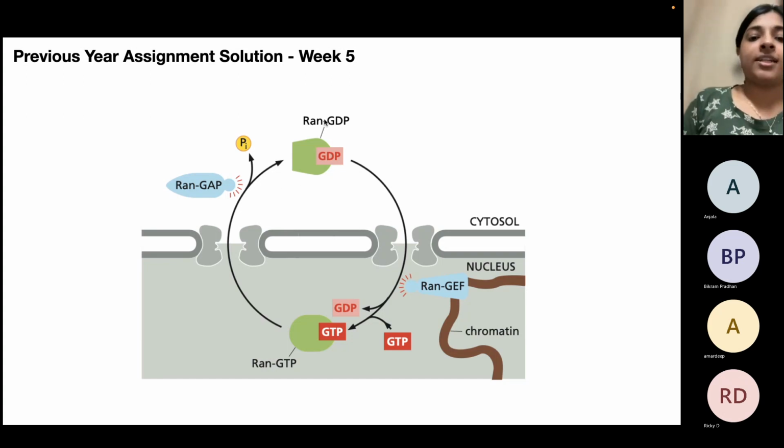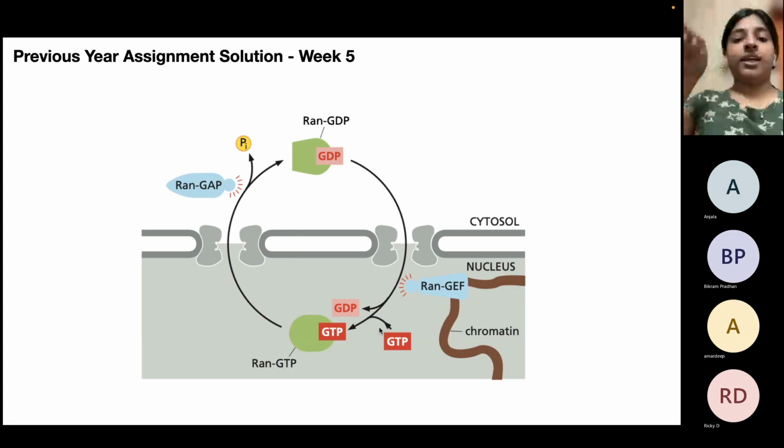Similarly, as soon as the RAN-GDP moves into the nucleus, there is RAN-GEF, which removes the GDP and adds the GTP on, and again maintains this gradient. So there is continuous cycling of RAN-GDP and GTP from the nucleus to the cytosol, and from the cytosol to the nucleus. This is what is exploited by these nuclear import and export proteins.